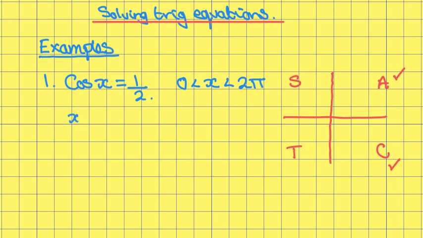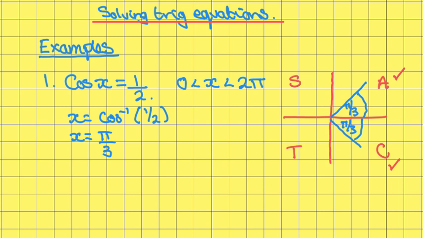So x is equal to cos to the minus 1 of a half, and I should know that that is, in radians, pi over 3, so x is equal to pi over 3. That is my acute angle, so there it is, pi over 3.